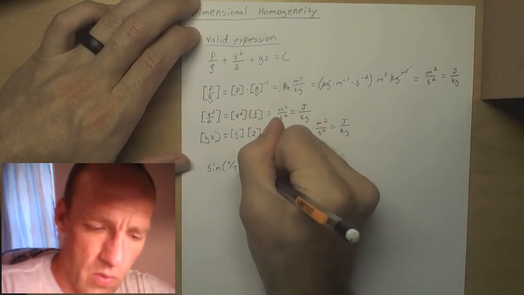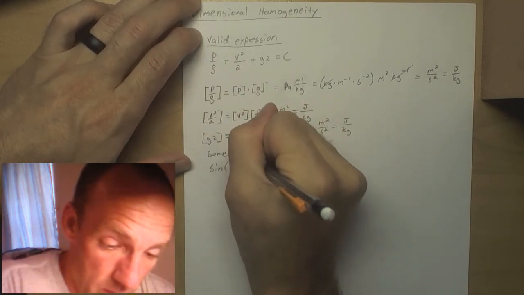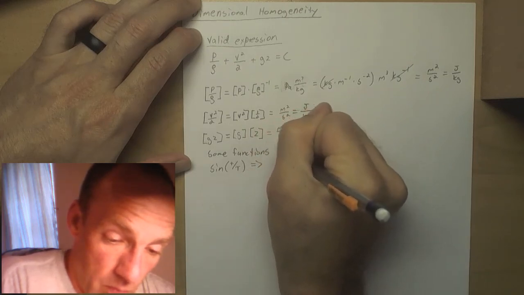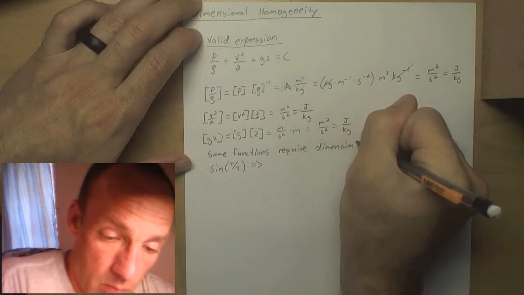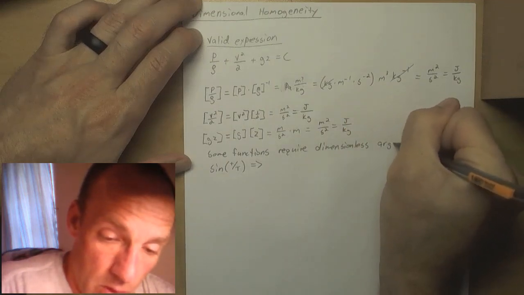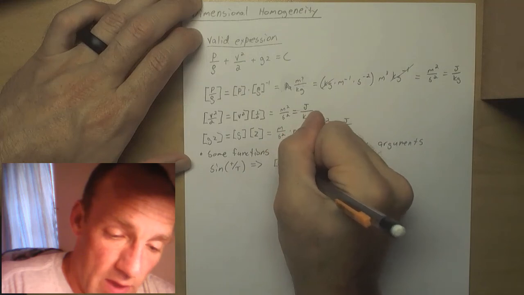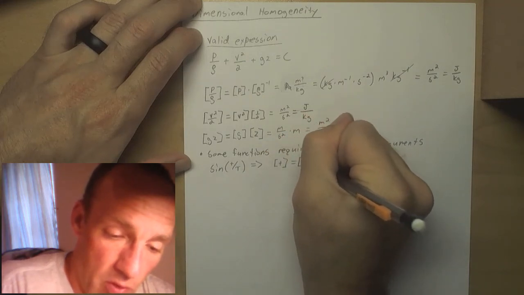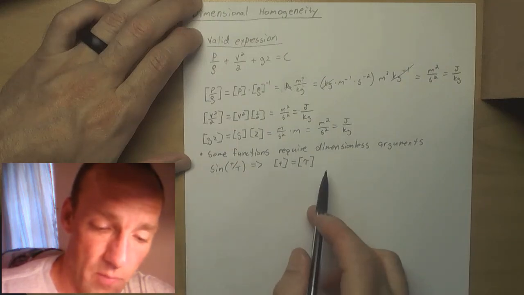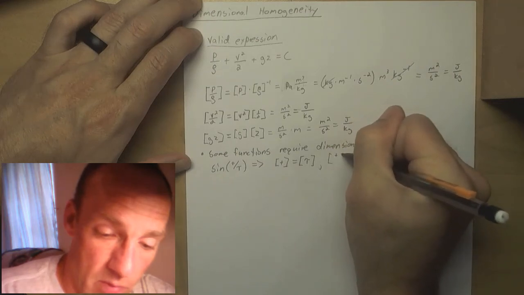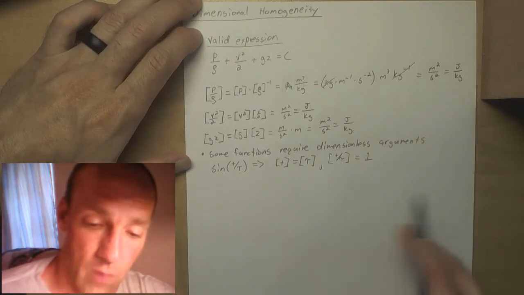So the units of t must equal the units of this variable tau, so that when you divide them, the units of t over tau are unitless.